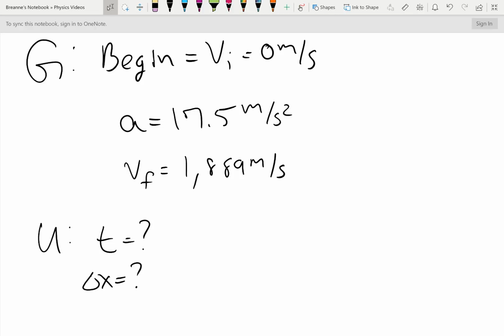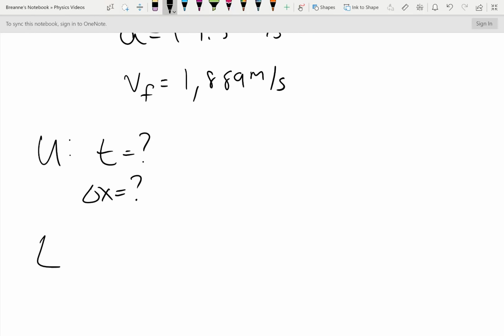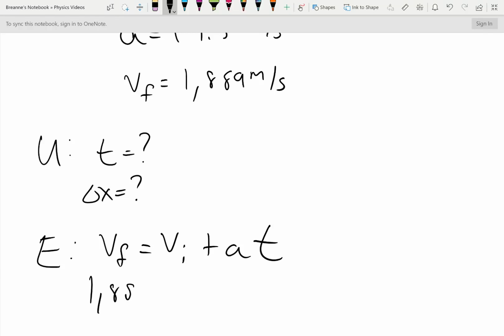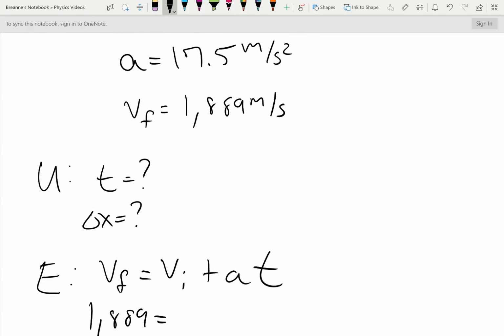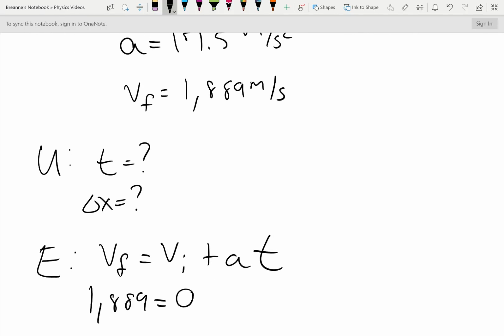We can look at our equations. So let's solve for time first. We need an equation that has initial velocity, acceleration, final velocity, and time. So if we look at our equations, you have final velocity equals initial velocity plus AT. Our final velocity is 1,889, and it equals our initial velocity, which was 0 because it begins, plus our acceleration, and we're looking for time.